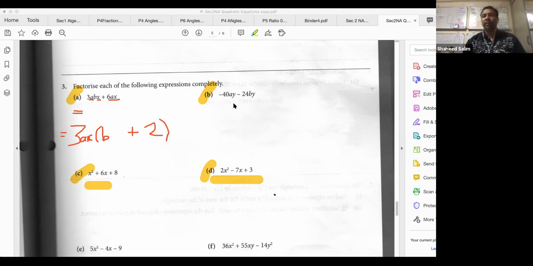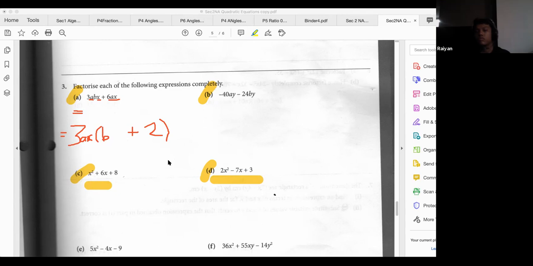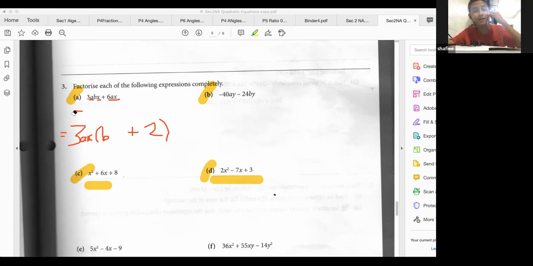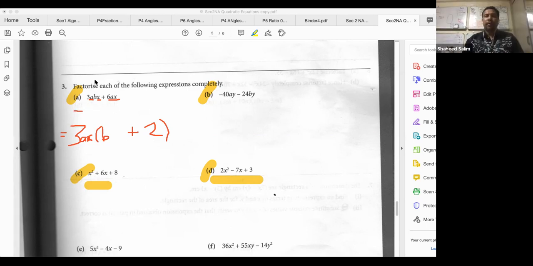Okay, we do the next one together, okay? Because Shafi already done. So let me see. Shafi is done. But Shafi is doing, this one can do x plus 2, x minus 2. Shafi, you're doing B. Did you do B? Okay. I haven't. Okay, never mind. Then do B. Everyone do B then.